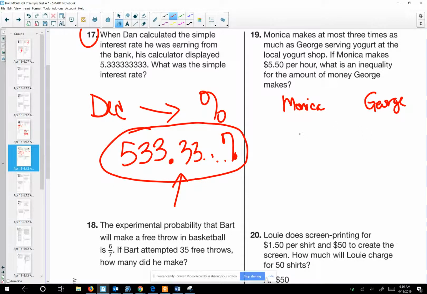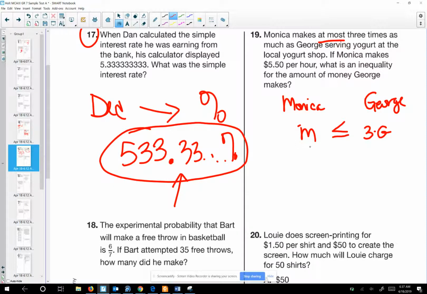So I'm already thinking, here's Monica and here's George, and Monica's amount of money is either 3 times what George gets, but it's not going to be more than that because it says at most. Maybe she only makes 2 times what he makes. Okay, so Monica's amount is either going to be exactly equal to 3 times George's, or it's going to be less than that.